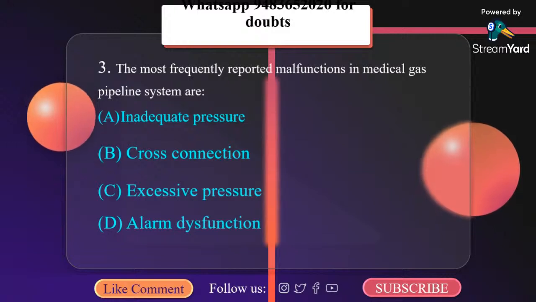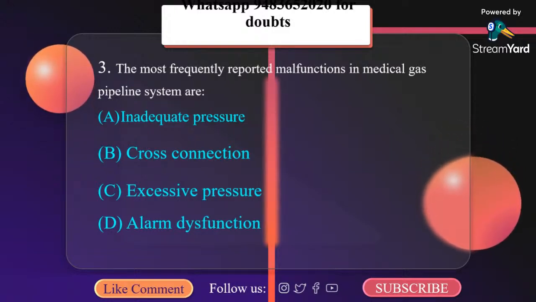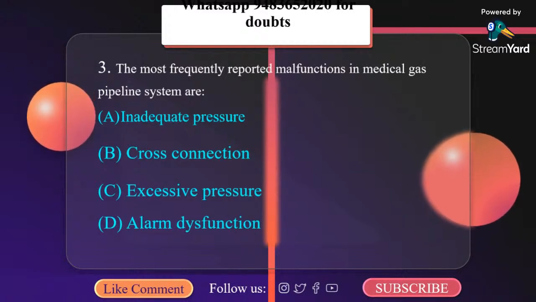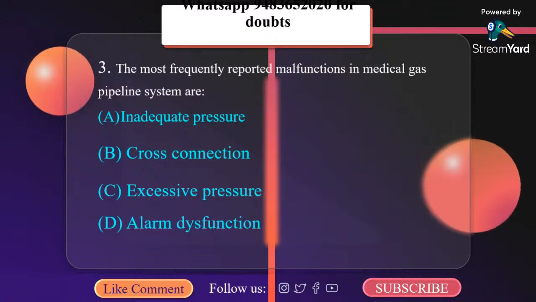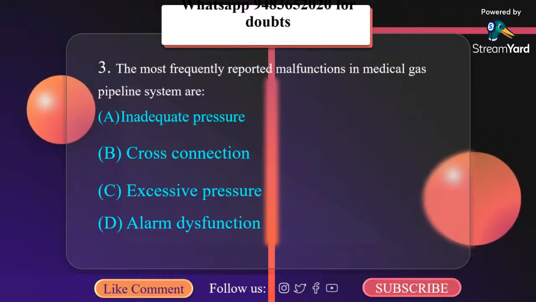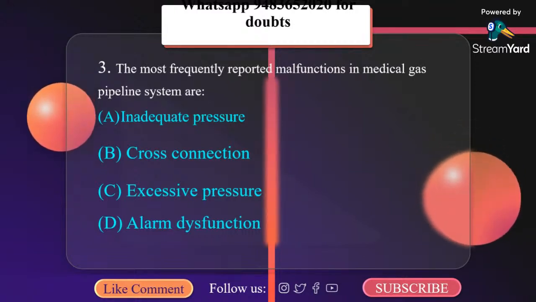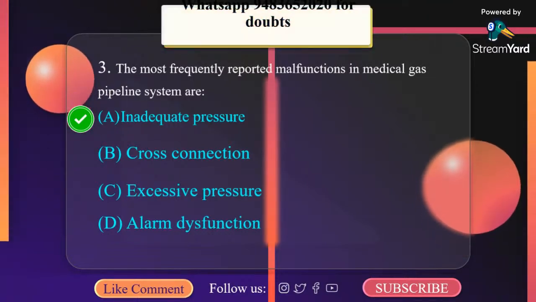Some of the pipeline problems are: inadequate pressure, most commonly reported; damage during construction projects; fire, theft of N2O tanks; environmental, earthquake, lightning; depletion of central supply; human error, accidental closure of shut-off valve; obstruction, debris following installation; kinking, leak, obstruction of a hose; contamination. So the correct answer here is A, inadequate pressure, which is the most common one.